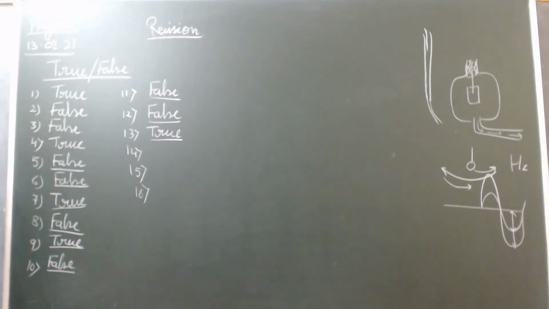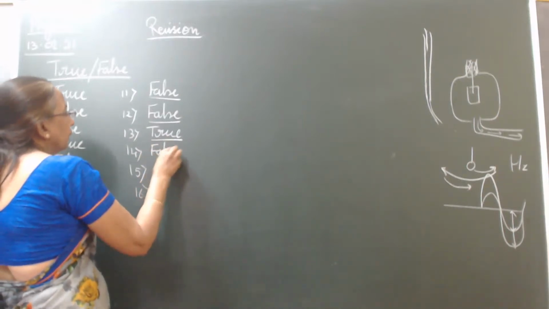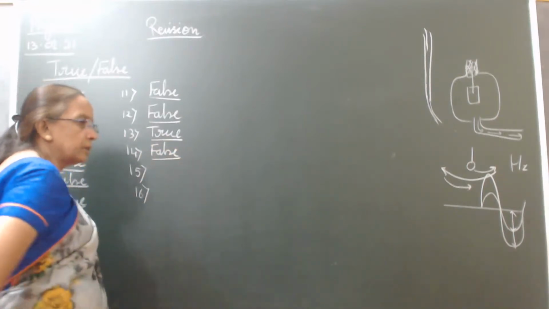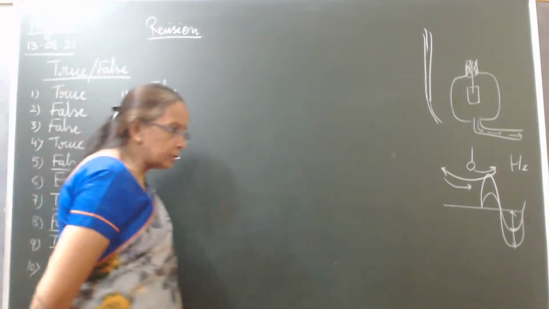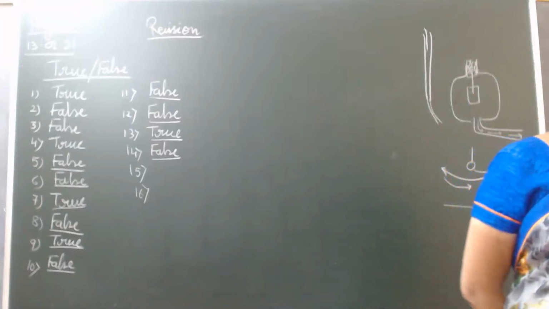Then third one, Uranus is the farthest planet in the solar system. It is false. In the fill in the blanks, it is given which is the farthest planet in the solar system. So it is Neptune.